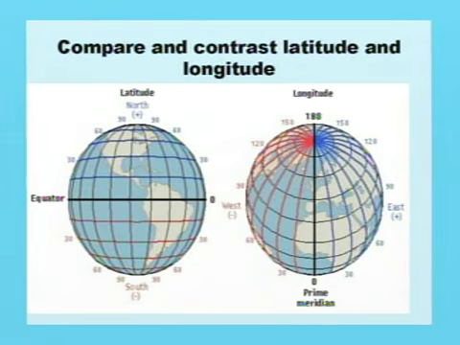Compare and contrast latitude and longitude as presented in these two pictures. The Earth represented on the left shows the latitudes running east to west or west to east. And the latitudes are all parallel to the equator. So you would recognize the equator, and the angular measurement there is 0 degree.